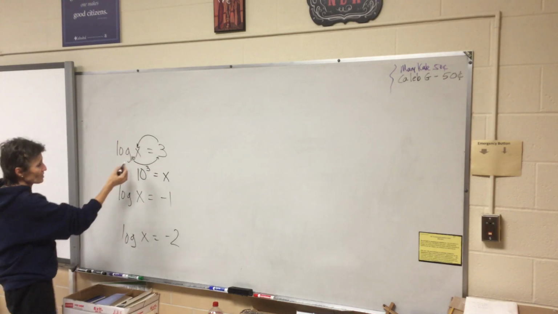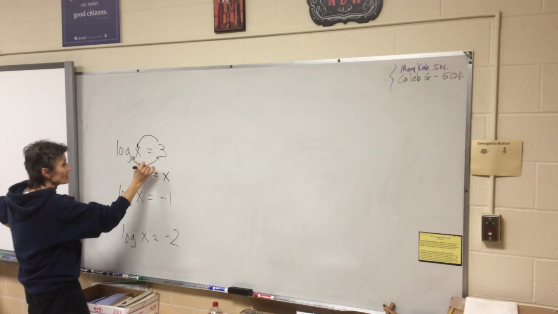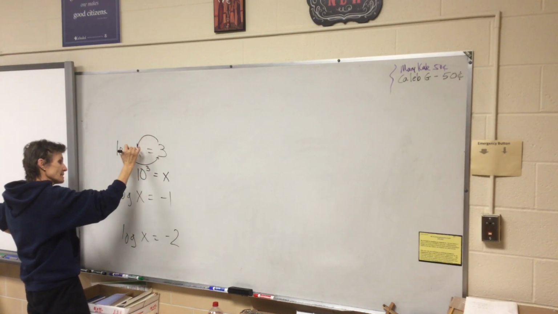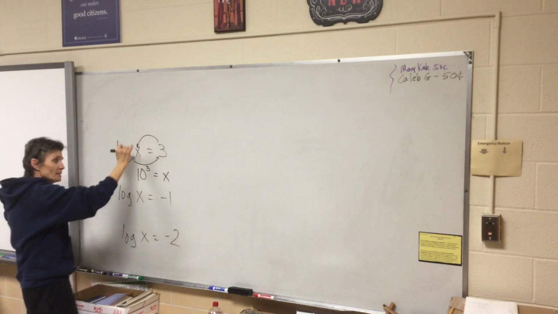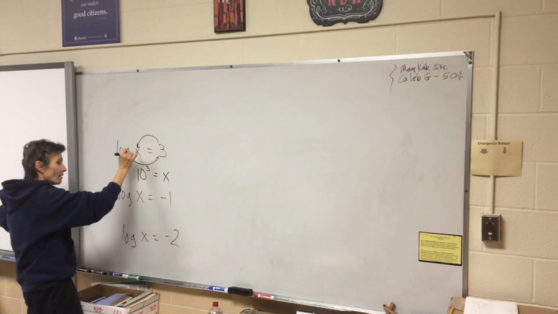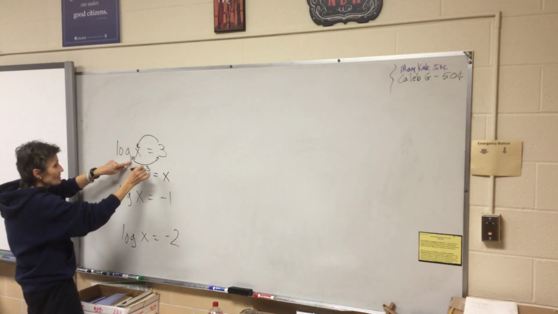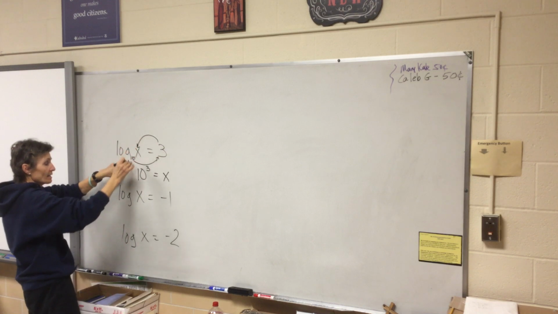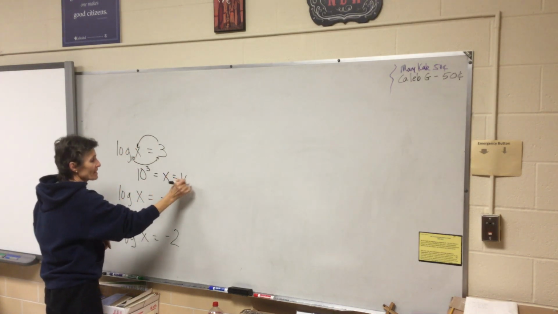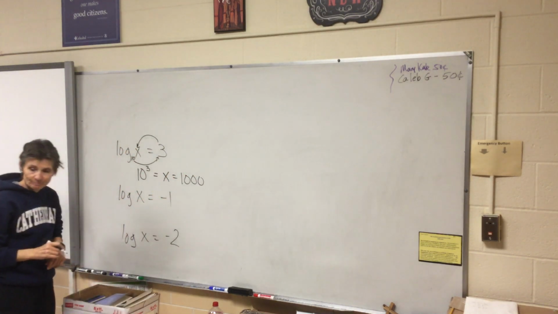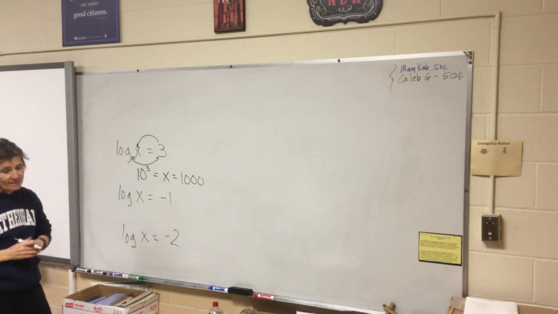That motion, watch my hand, 10 to the 3rd equals x. That's why we call it loop-de-loo. We make a loop there. So 10 to the 3rd equals x. So the answer to that problem is 1,000. 10 to the 3rd. It's that easy.